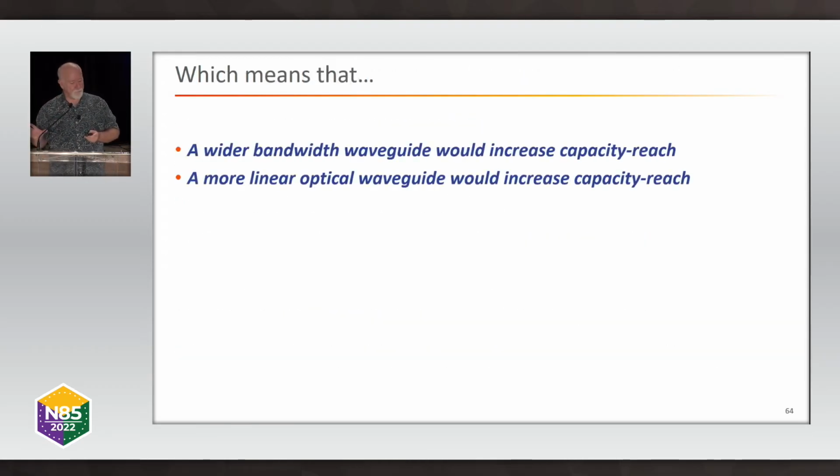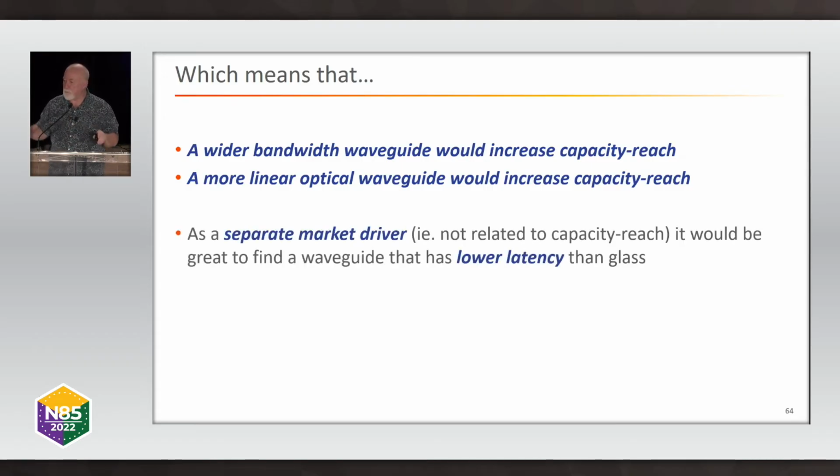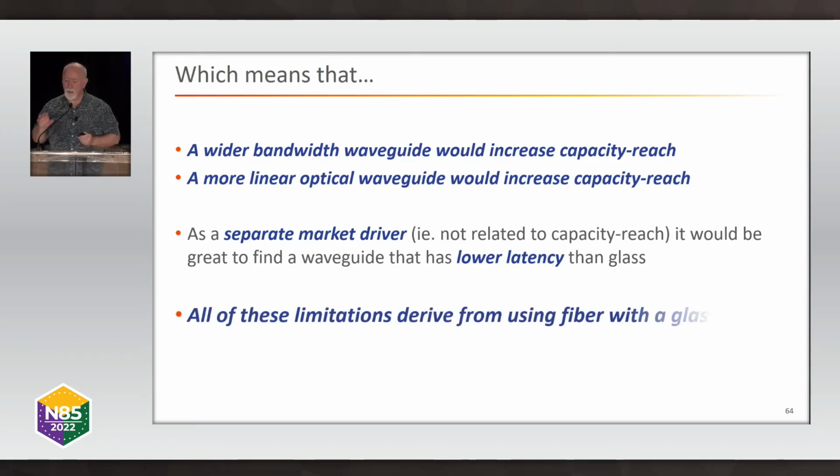Which means that a wider bandwidth waveguide would allow us to increase capacity reach. A waveguide that had more linear performance would allow us to increase capacity reach. And as a separate market driver, it would be great to find a waveguide that has lower latency than glass. All of these are limitations that come from using glass as the transmission medium.